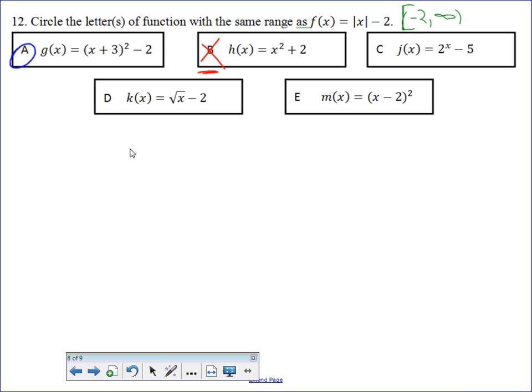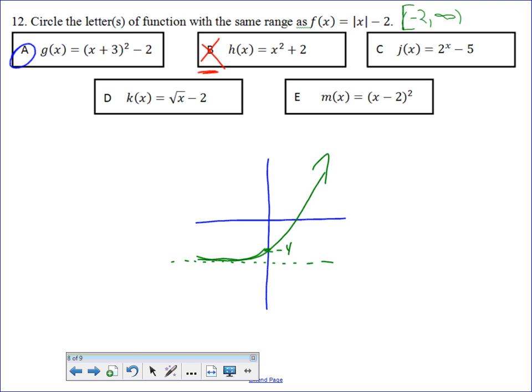C, if we were to look at it, would look like this. And this point here would be -4, but it's going to go down just a little bit further. This function actually has a horizontal asymptote at y equals 5.